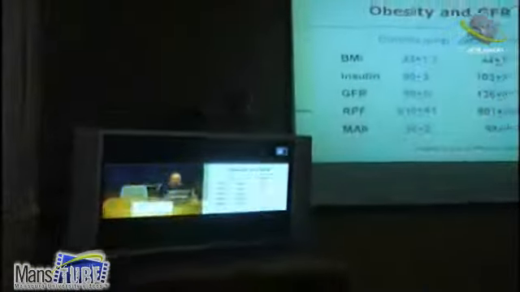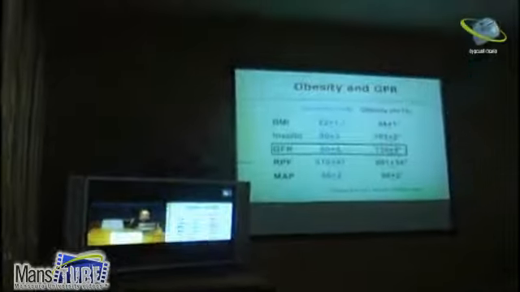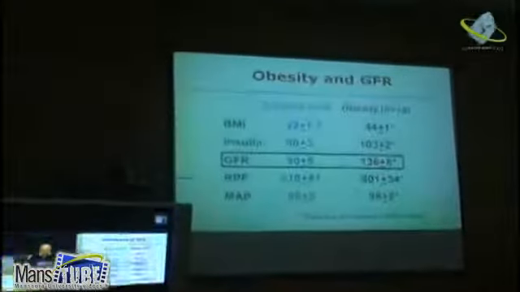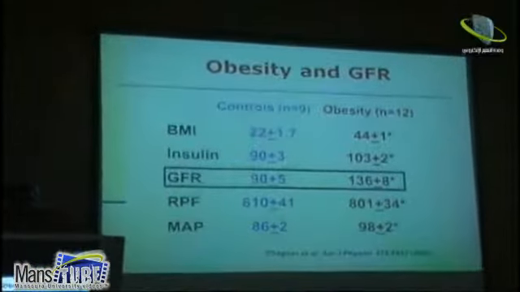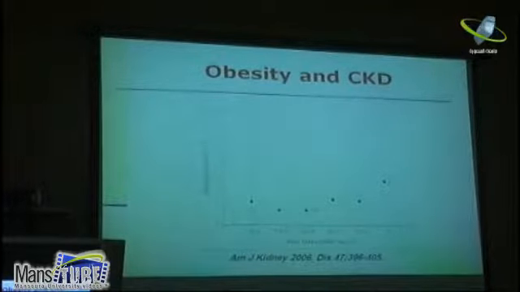Okay. So all of us know that obesity can lead to hyperfiltration in the beginning, and you can find here the GFR in obese persons is more than in the person with normal body weight and no obesity. But I want to show this slide. This slide shows the relative risk of occurrence of chronic kidney disease.